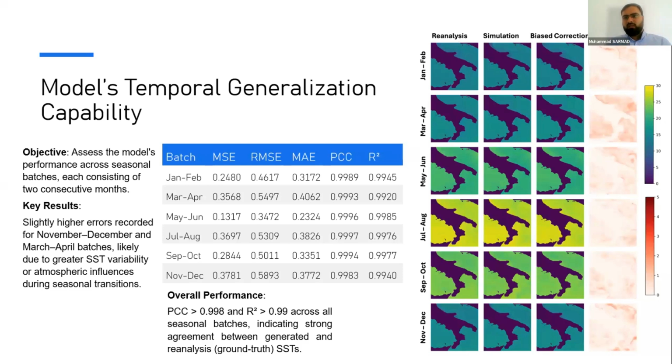But as you can see in the inference image, we made January, February, March, April, May, June, July, August, September, October, November, December, all 12 months, into 6 bi-monthly batches. And the difference between the reanalysis, which is the input image, and the output bias-corrected image is very small as before.